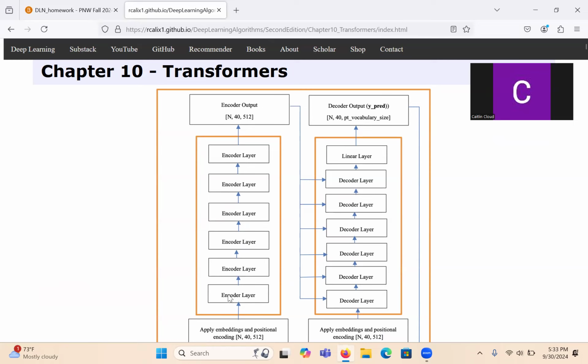For now, keep it simple. A vector of 784 goes in, a vector of 784 comes out. And then for the next layer, a vector of 784 goes in, a vector of 784 comes out, and the architecture is the same. Some schemes share the weights, other schemes, like the one we're going to do in class, they all have their own weights.